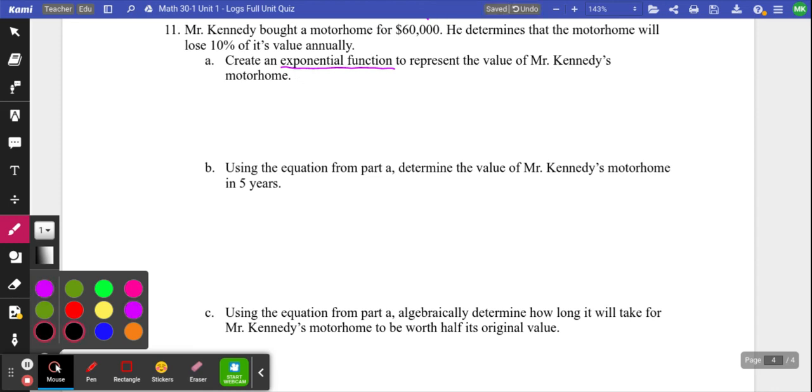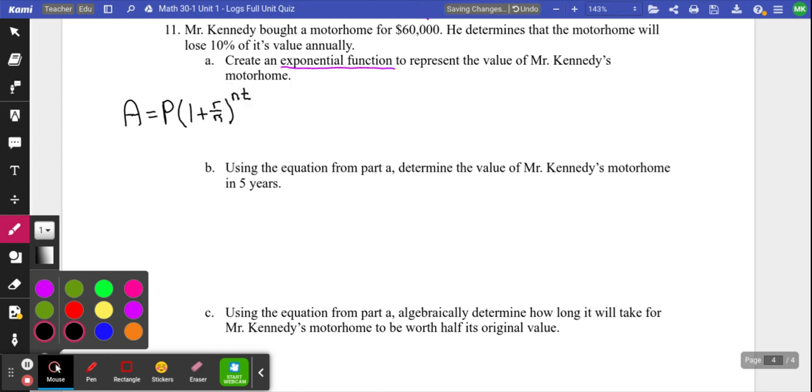In our video the other day, we made a formula for exponential functions for these like money compounding interest type problems, okay? So it looks like this. You got A equals P(1 plus R over N) to the power of NT.